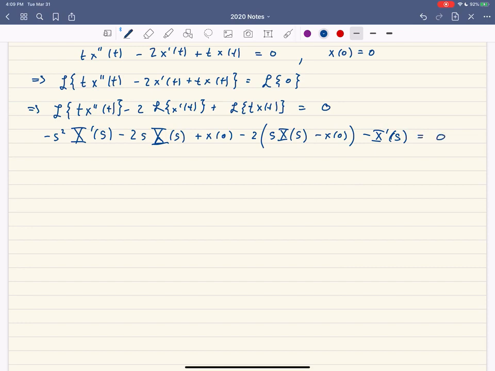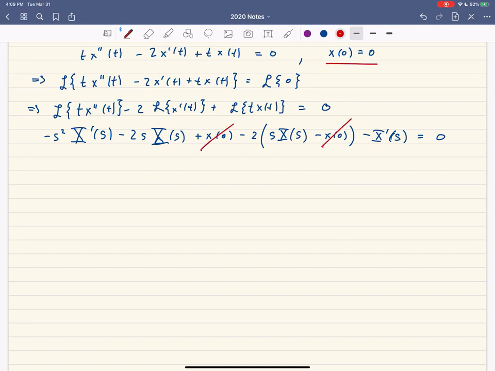Okay. And then let's cancel out some things. Well, they don't really cancel, I shouldn't say that, but x of 0 being 0 means that those terms are both 0.